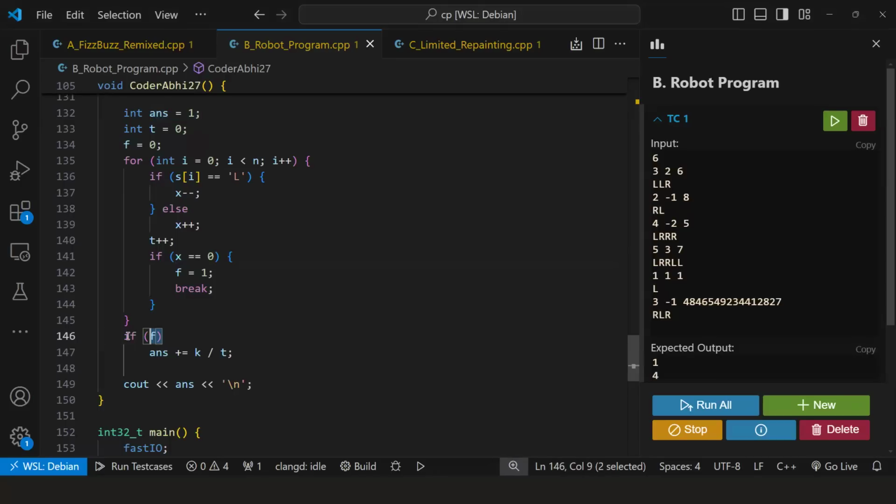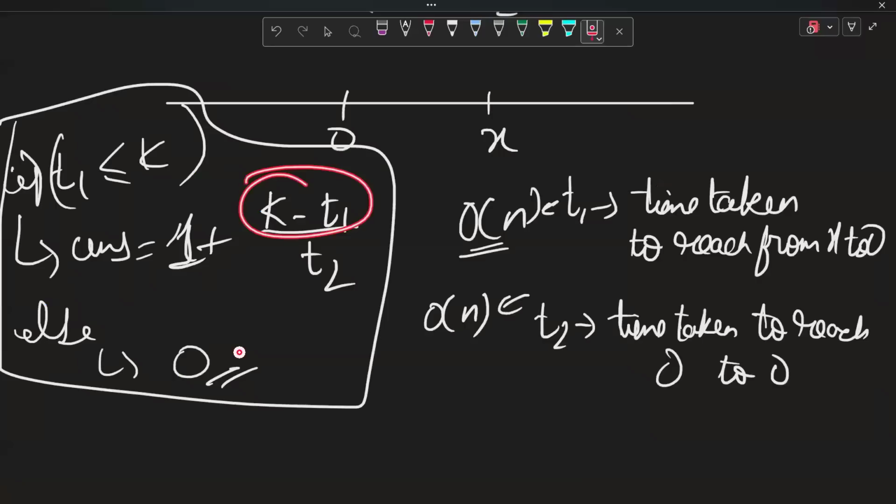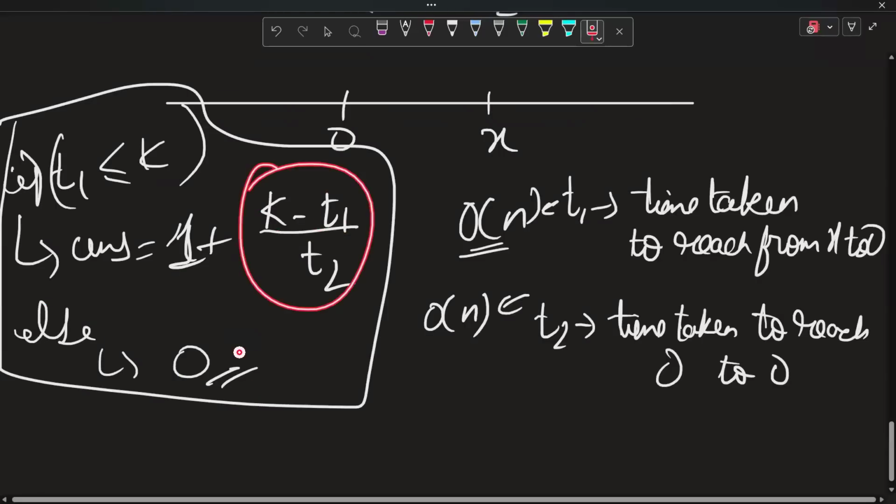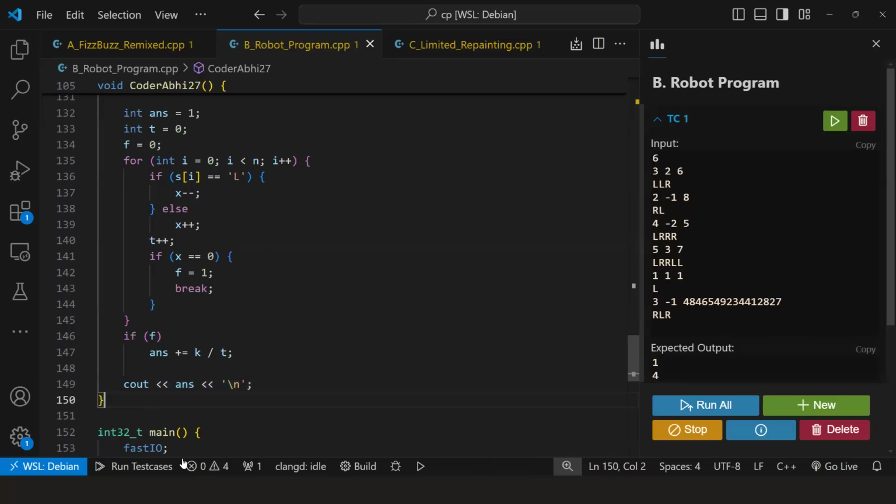But if I'm able to get back to 0 again in less than n time, then I would get some t, so I'll add k by t to the answer. As I showed in the formula, this k is now updated to k minus t1 from my initial loop. So adding k by t would give you my final answer, and then I print it. I hope the code is clear.